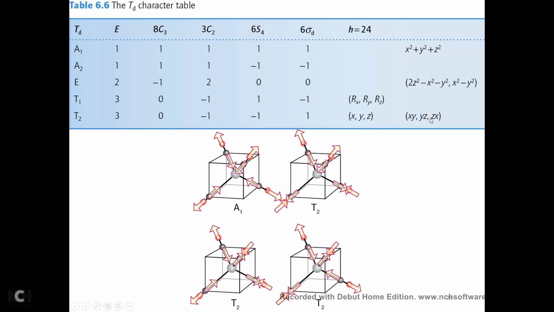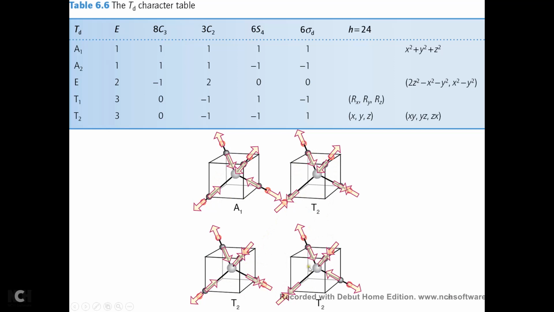Now let's look at some of the vibrational modes. This is an A1 vibration, so 1, 1, 1, 1. It's all symmetric, so this is symmetrical stretching. All 4 bonds stretch in a concerted manner simultaneously. And over here you have T2, T2, T2. These 3 are degenerate.